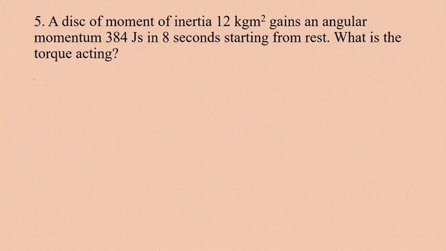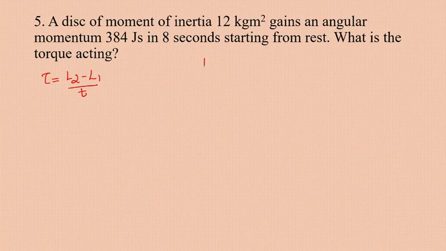So we know the relation between torque and angular momentum. The torque tau is equal to the change in momentum divided by the time, that is the rate of change of angular momentum, L2 minus L1 by t. Okay.